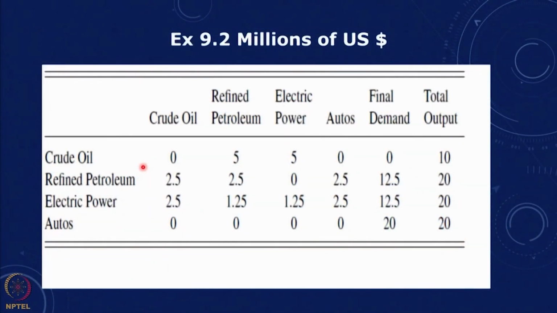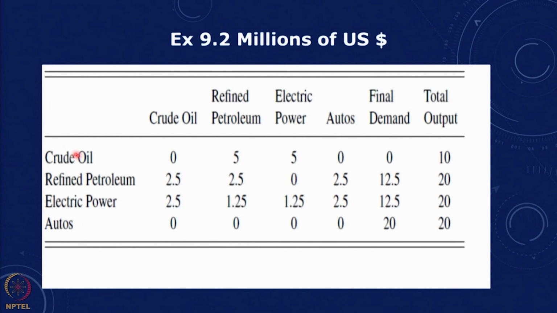So, just to give you, you can look at the textbook by Miller and Blair, there are several examples of this. So, for instance, there are these three sectors and one automobile sector.